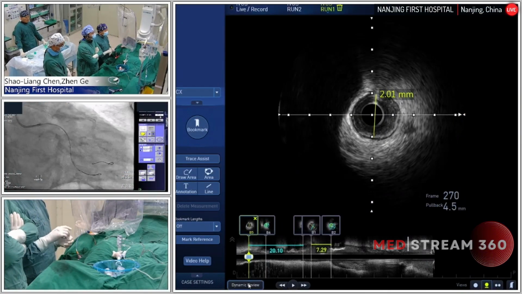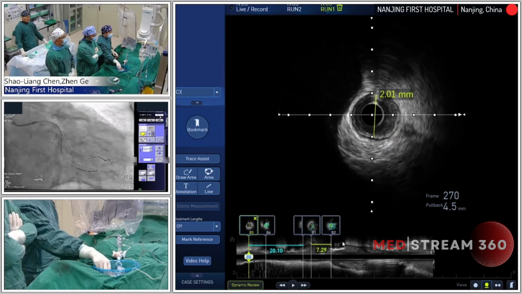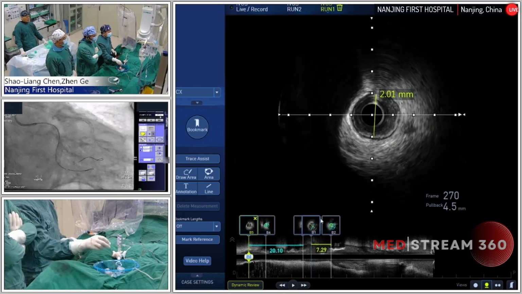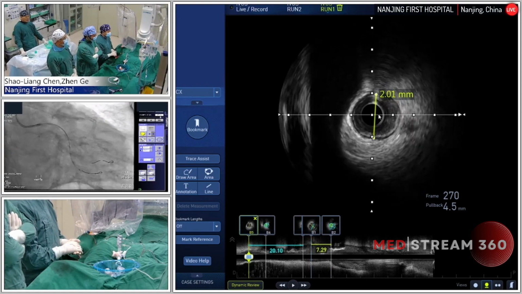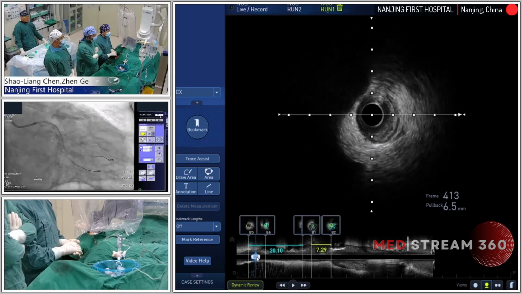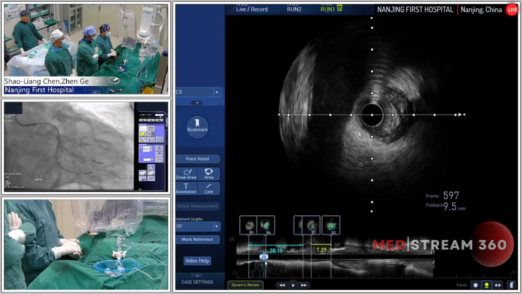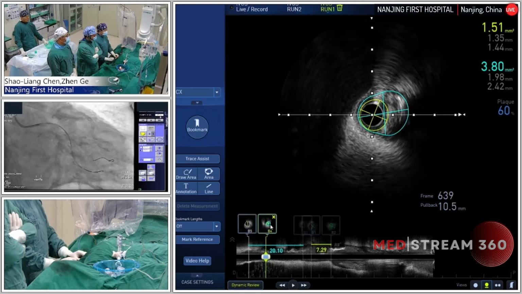The first one, we check IVUS from distal circumflex to proximal circumflex. Here we can see the distal vessel is very small. The vessel diameter is just 2.0 millimeter. Then going pullback, we can see eccentric plaque. At this point we find the minimal lumen area.